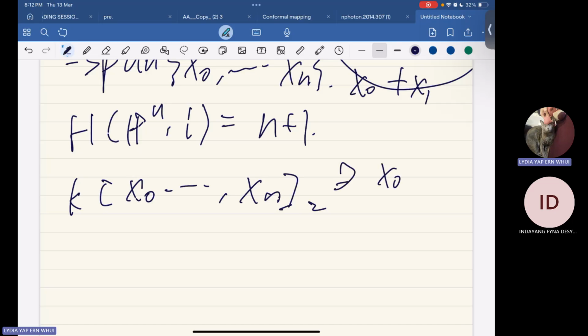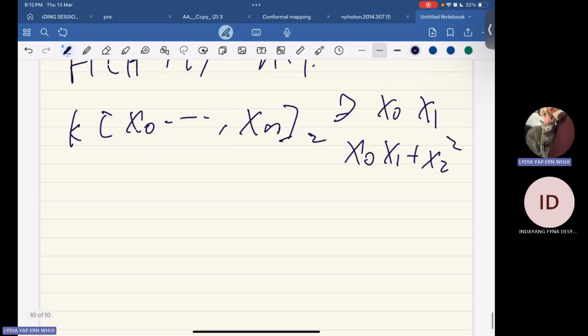Maybe something like x0x1, or maybe x0x1 plus x2 squared, something like this, right? We can see that this is spanned by monomials of total degree 2, maybe something like x0x1, or maybe xn squared. So how many can we get here?